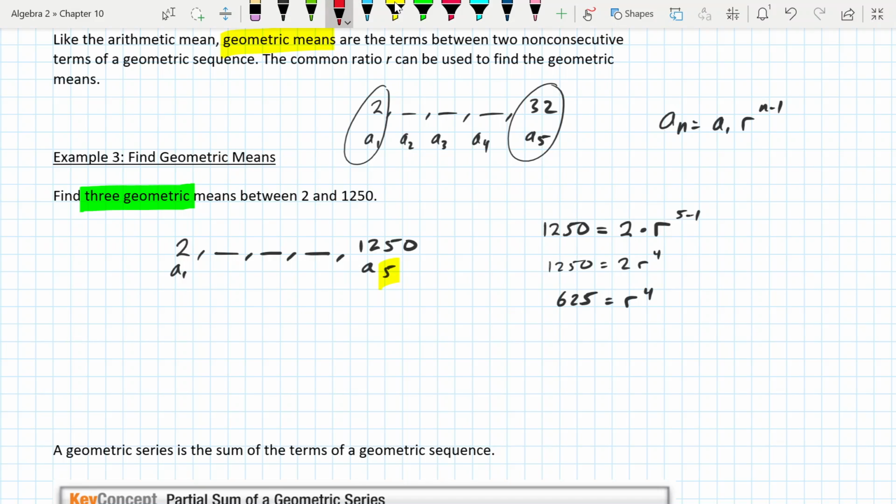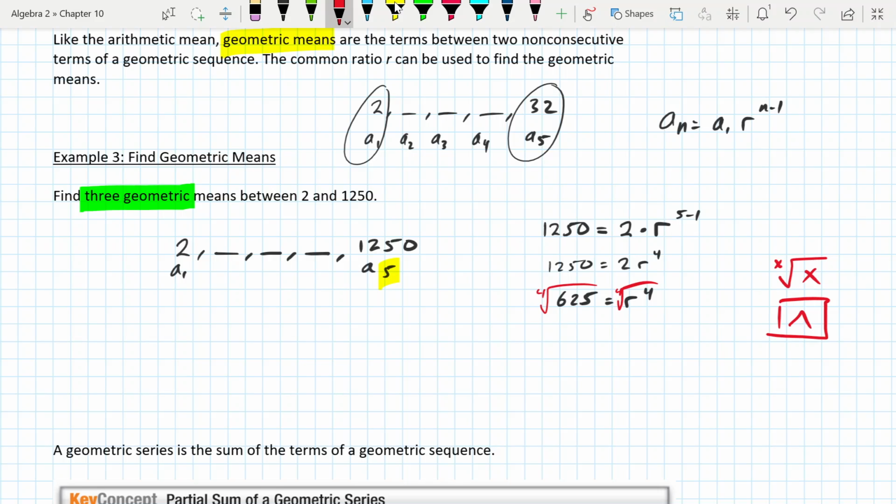And if you remember, you can take the 4th root of both sides. You do have to watch out here because sometimes there are positives and there are negatives. In your calculator, of course, you have the root x button over the generic exponent button.